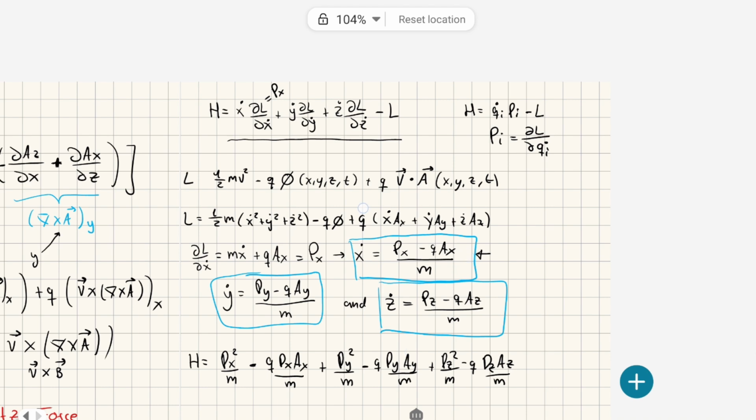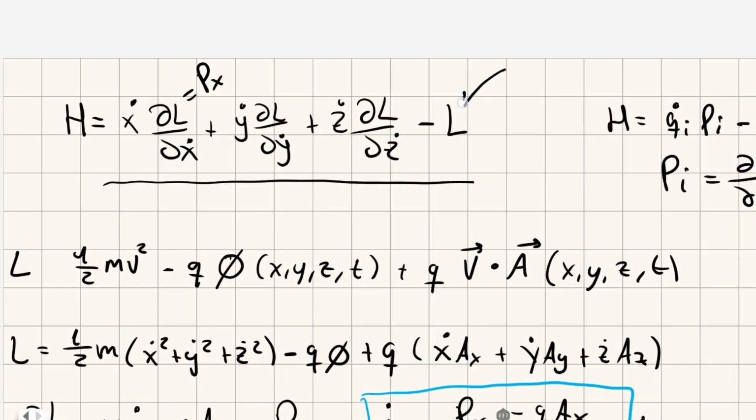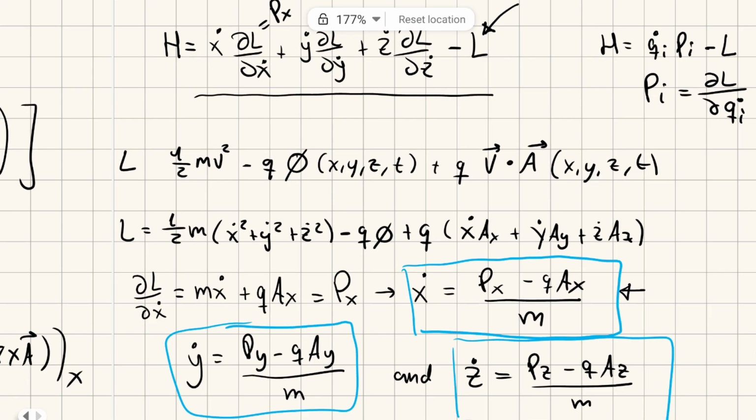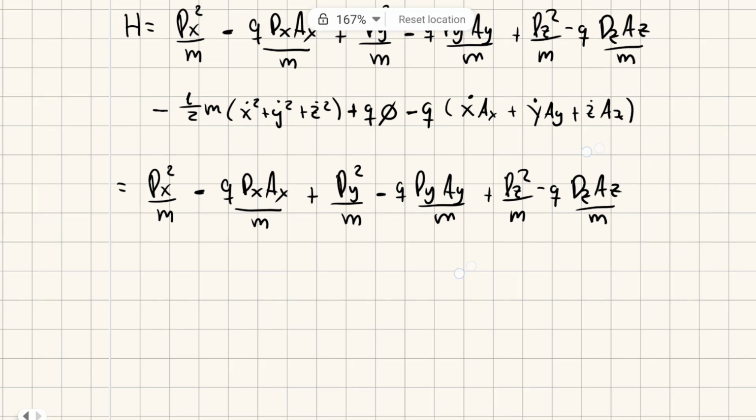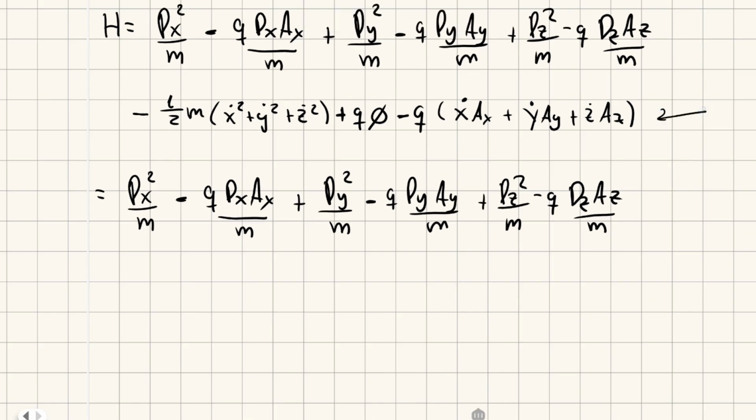And then, due to our formula here, we need to subtract the Lagrangian function, right? So let me copy all this. Okay, so now we are subtracting the Lagrangian here, but you need to notice that this is in terms of the dot variables, so we need to change that.